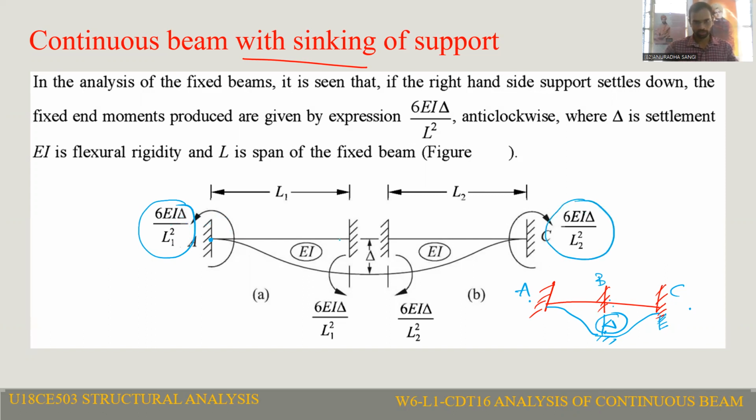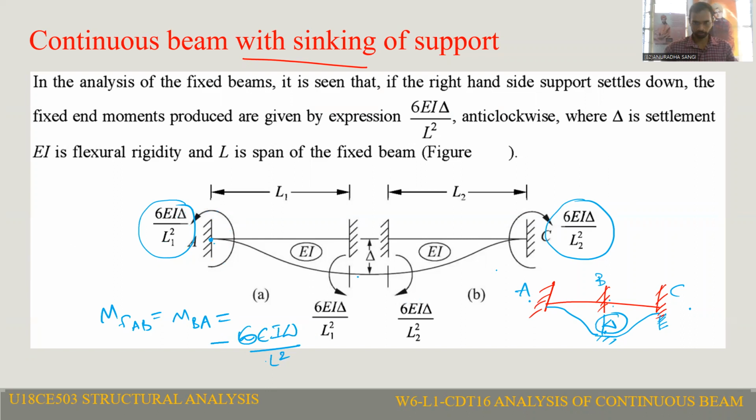So with respect to the left side support, if the right side support settles by delta, then the moments developed at both ends, that is MFAB as well as MFBA, are both in the anti-clockwise direction, that is negative 6EI delta by L square.